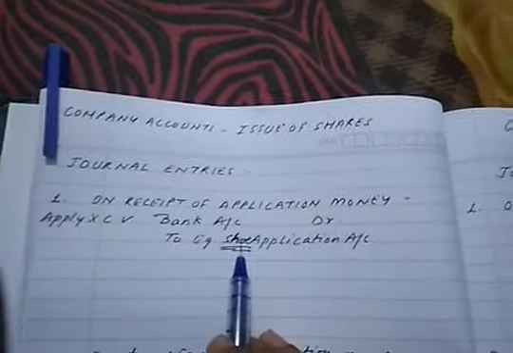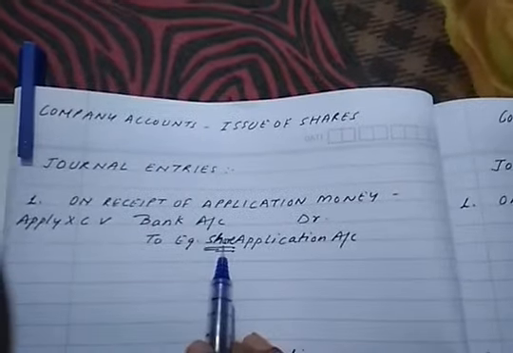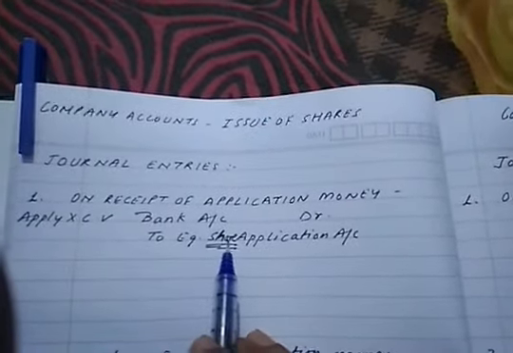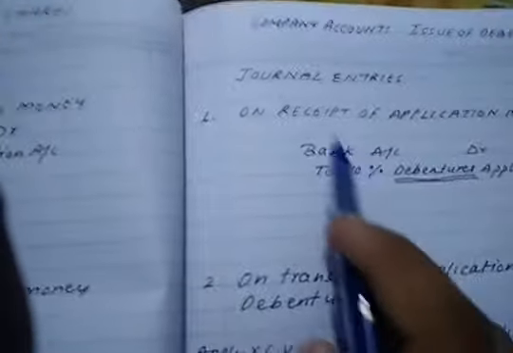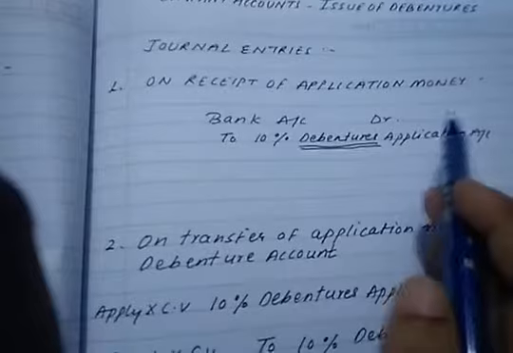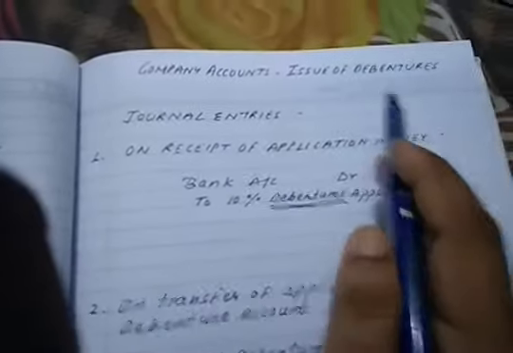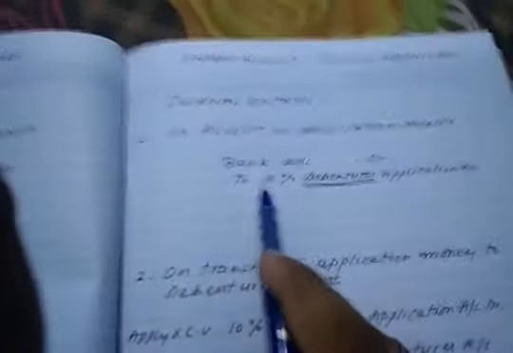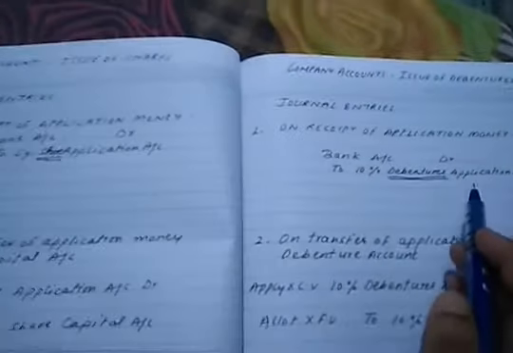Okay, right? See the journal entry on receipt of application money related to debentures: bank account debit to 10% debenture application account. You are seeing the difference.